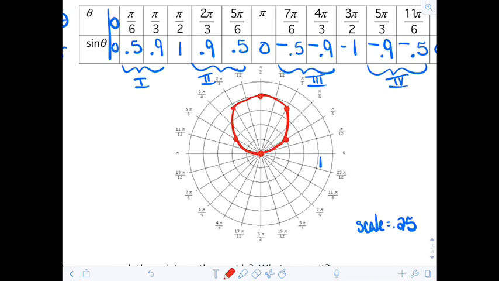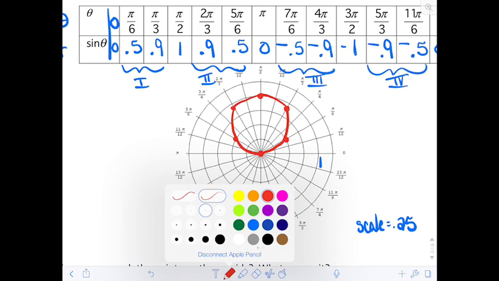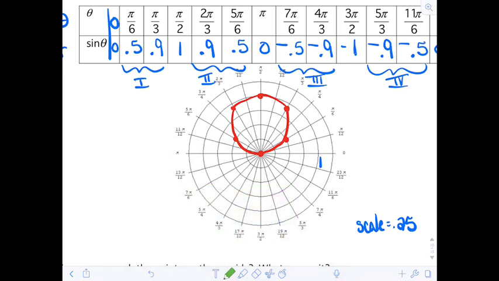So if you look at all the rest of them are going to be negative. So we're going to go to 7 pi over 6, reflect back over, and that's going to be at 0.5 because it's negative, so we'd reflect back over. 4 pi over 3 is negative 0.9, so we're going to reflect back over here. 3 pi over 2 is a negative 1, so we'd reflect back up there. 5 pi over 3 is negative 0.9, so it would reflect to here. 11 pi over 6 would be negative 0.5, it would reflect to here.